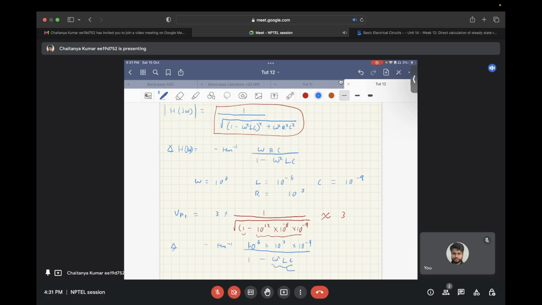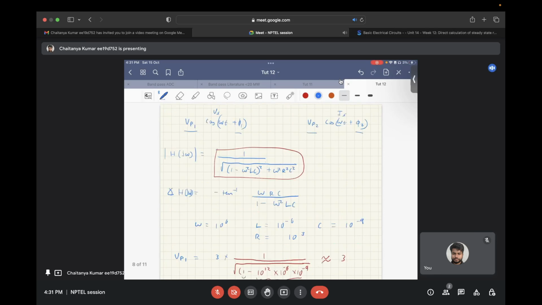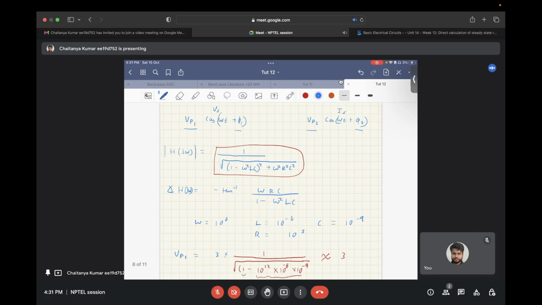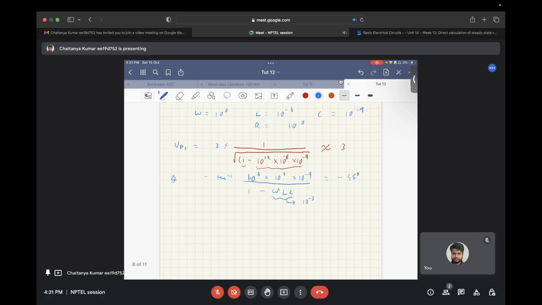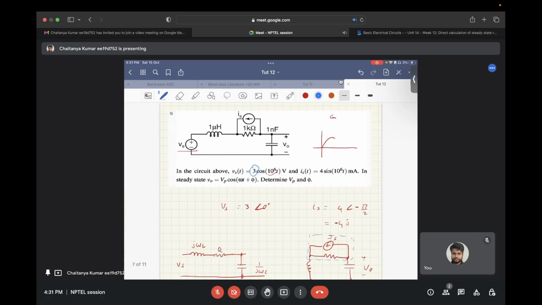Now again, this is equal to 10 to the power minus 3, so this can be ignored, and the term in the numerator goes to 1, so this is minus 45 degrees. The phase shift for both the current input and the voltage input will be same. However, the final phase will be different in both the cases.